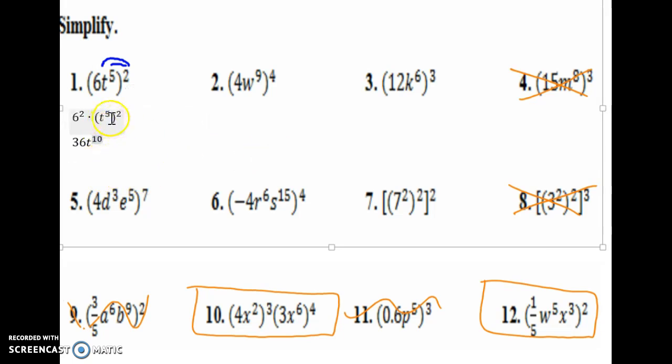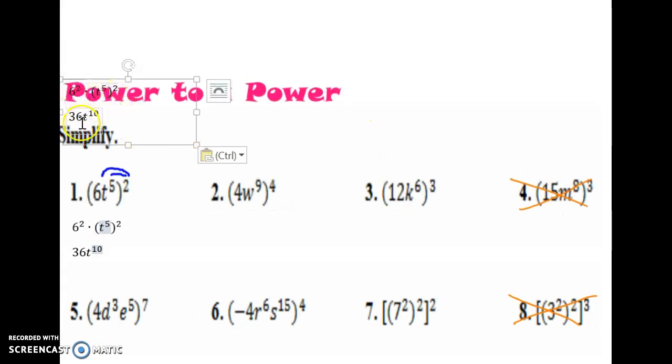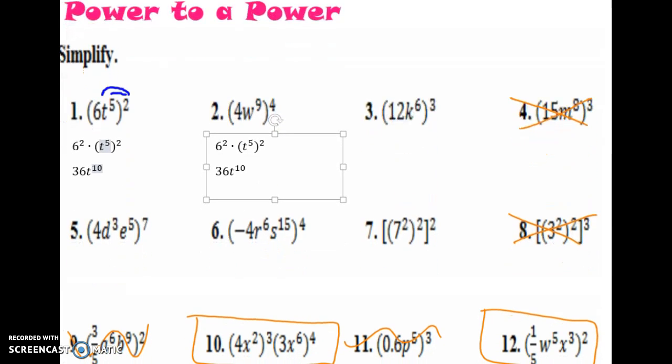If you take a look at number 2, I'm going to borrow this here. Okay, there we go. And so this one here is actually 4 to the 4th, and then this is w to the 9th to the 4th.